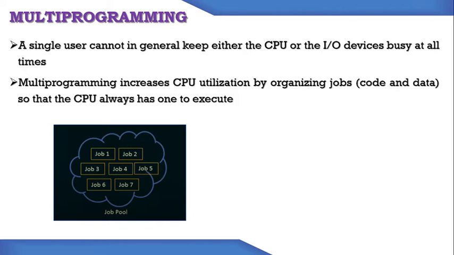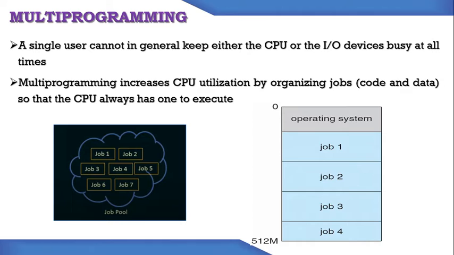The job pool consists of all the jobs that entered the system, kept in a pool like this. Then we have the memory layout, with the operating system on top, and the jobs are loaded into memory.